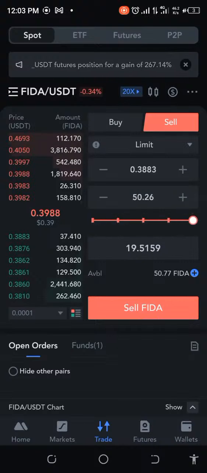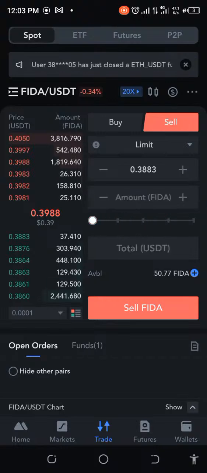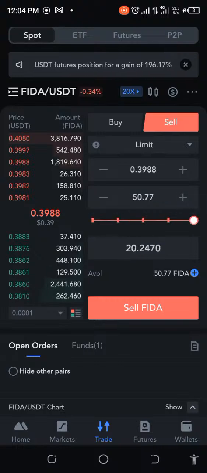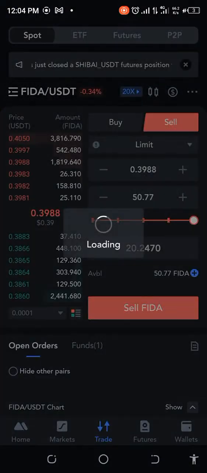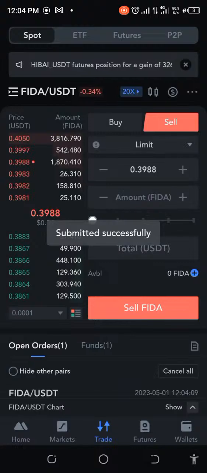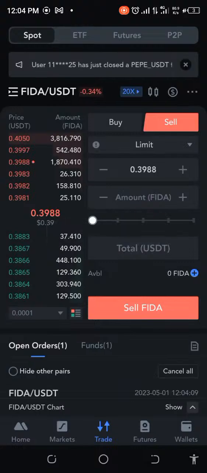So definitely I don't want to sell it at that point. So I have to choose the one that is going to give me profit, right? And then I'll go with that. So we're going to go back in the queue and see how long this takes, and wait patiently and hope that we're definitely going to get this sold quickly.